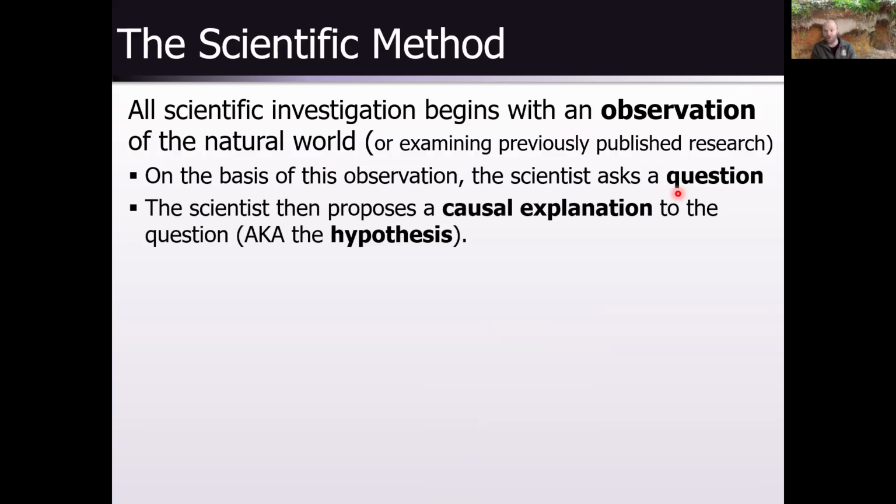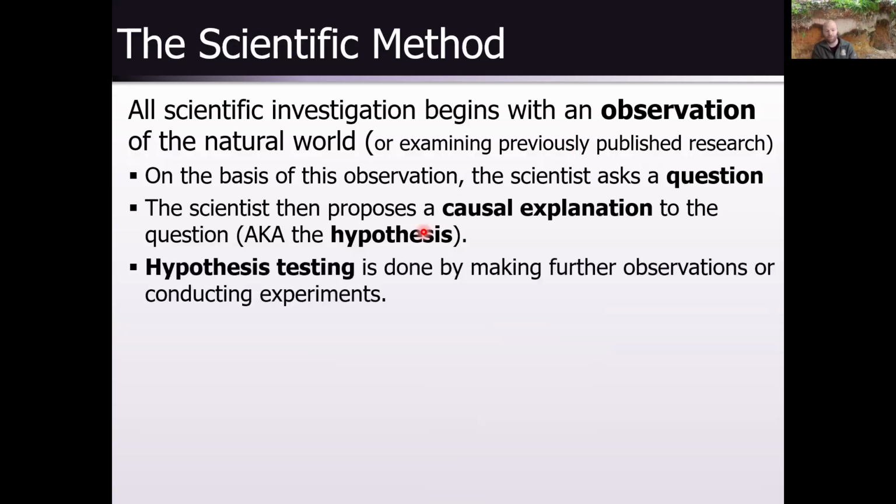From that question and your observations, you propose some sort of causal explanation, and that takes the form of a hypothesis. We'll define hypothesis in a future slide, but really, a hypothesis is a causal statement, a statement containing an explanation. Then hypothesis testing is done by making further observations or conducting experiments.